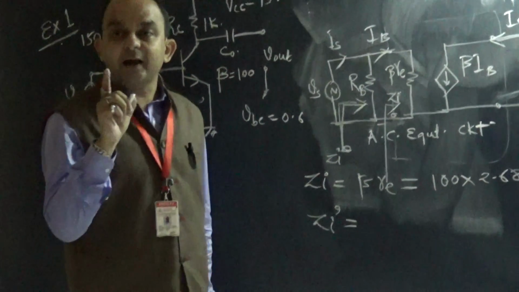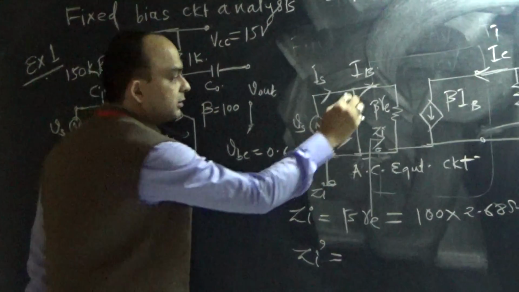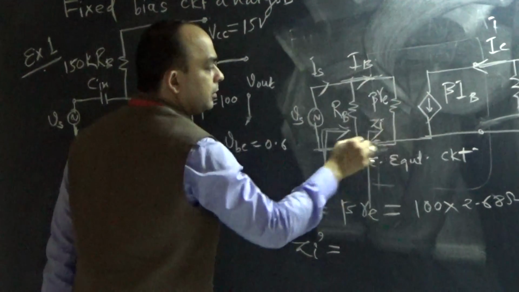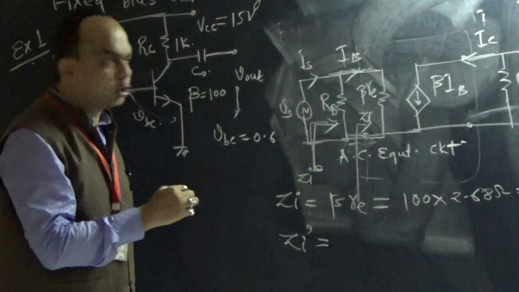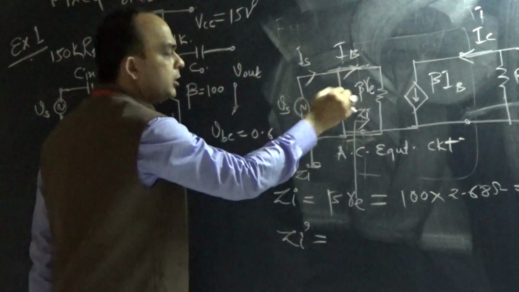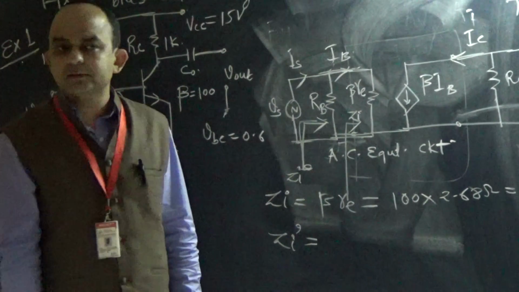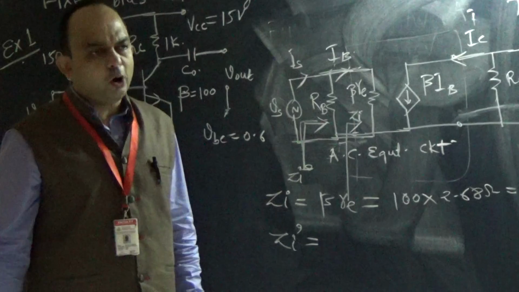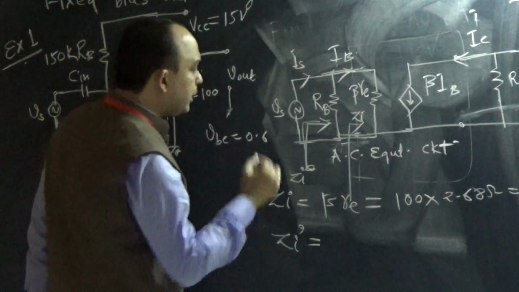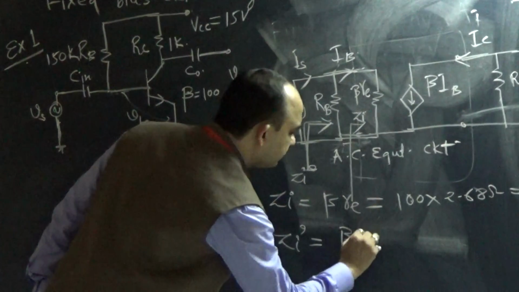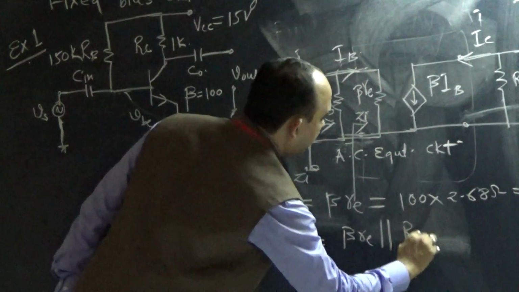RB parallel beta re. Why? Because they are parallel resistors. Both the nodes are at the same potential. So these two resistors are in parallel. All of you agree? So Zi dash will be beta re parallel with RB.